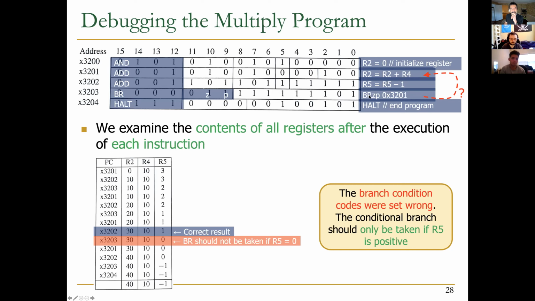And then this wouldn't branch and we halt, and R2 is 10, while the value of R2 should in this case be 0. 0 multiplied by 10 should be 0.